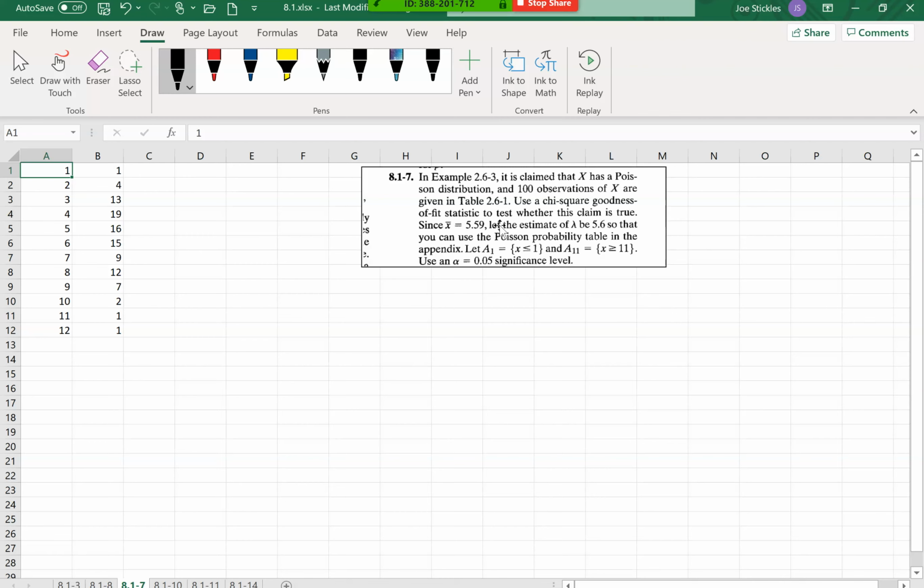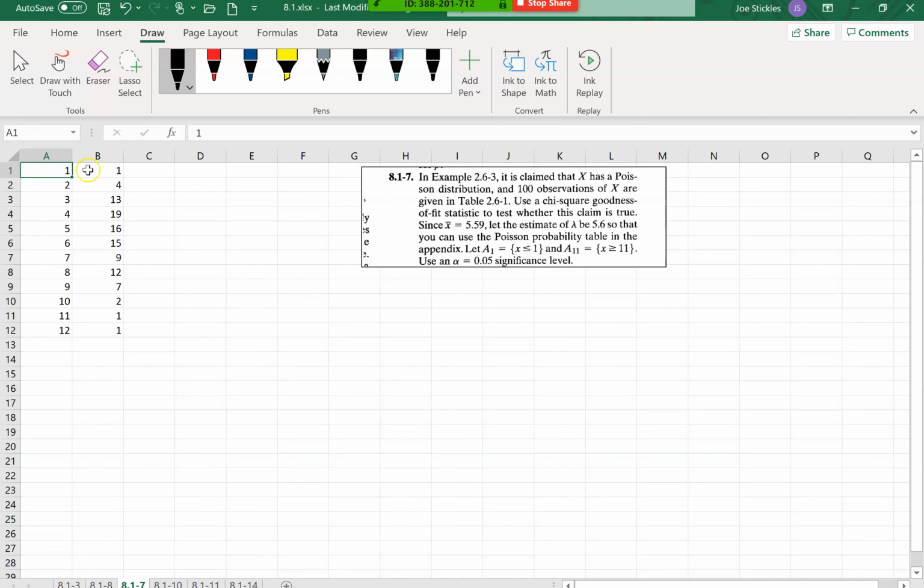All right. This one gives you a little bit of a hint on how you might want to group some things. It says group everything where x is less than or equal to 1 into one category, and everything where x is greater than or equal to 11 into another category. In particular, notice that there were no observations for zeros here, right?